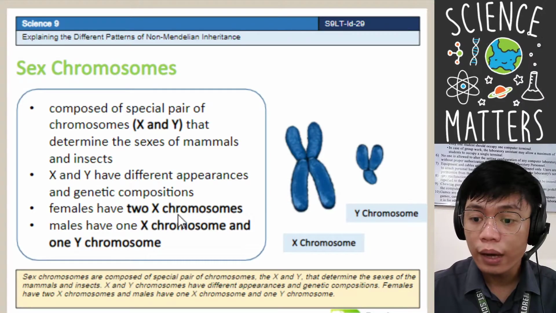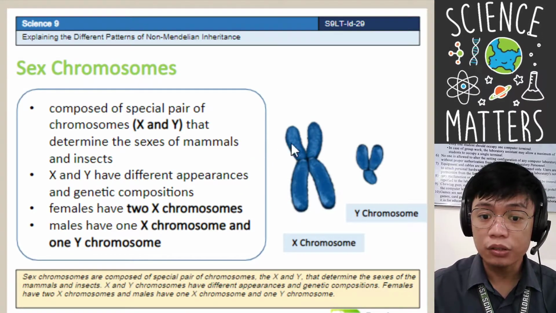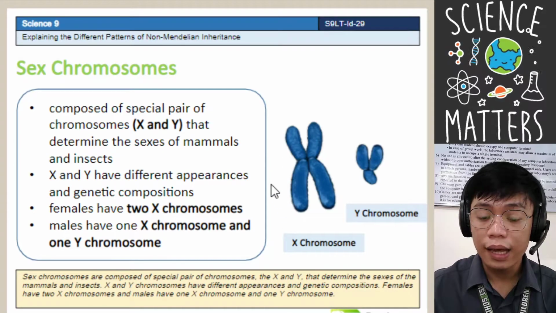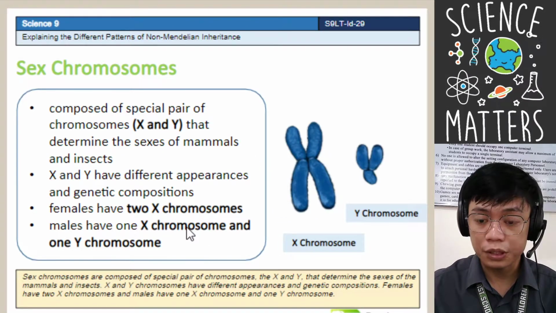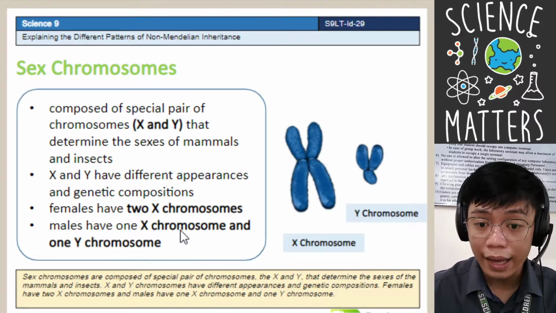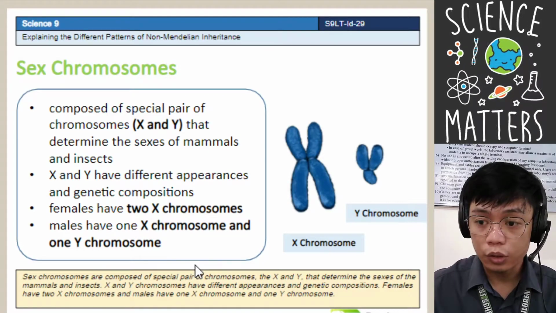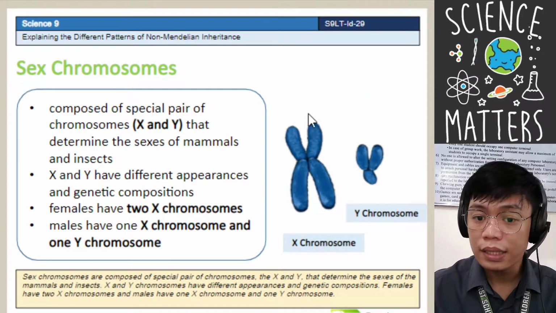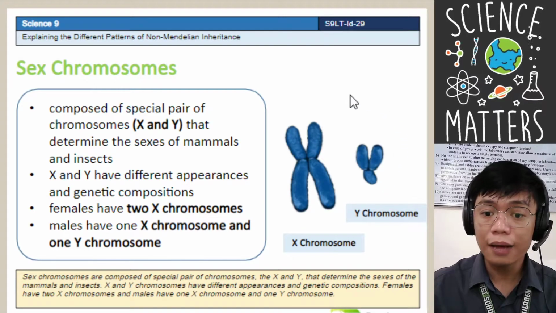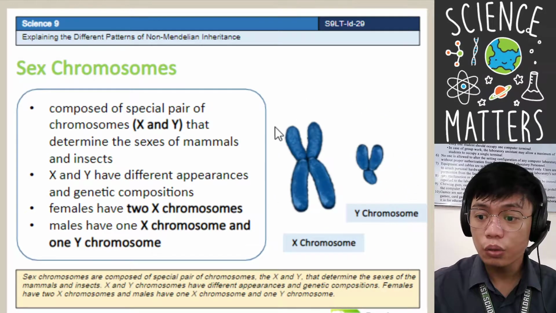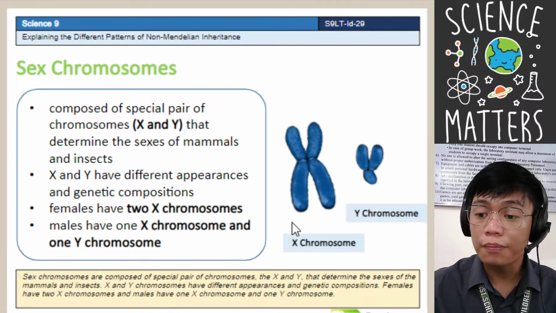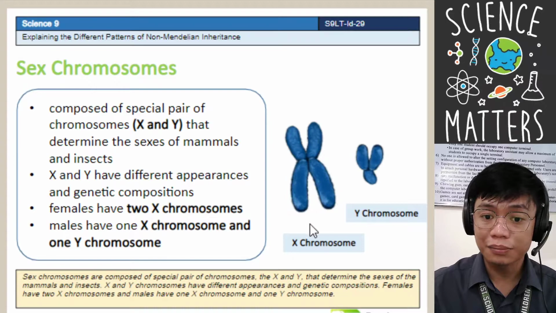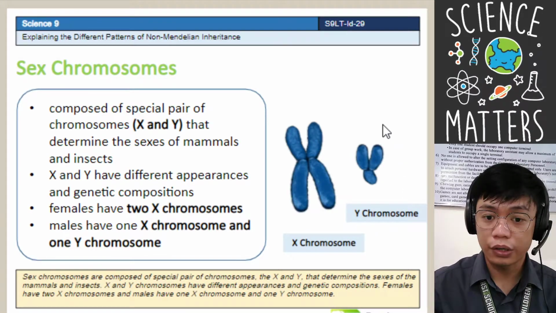Females have two X chromosomes, meaning a female organism has an X and another X chromosome. Males have one X and one Y chromosome. The illustration here is a male organism, okay? It results in a male organism if these two combine or pair.